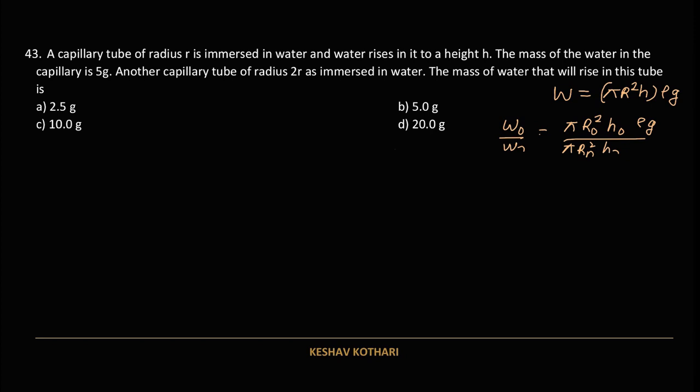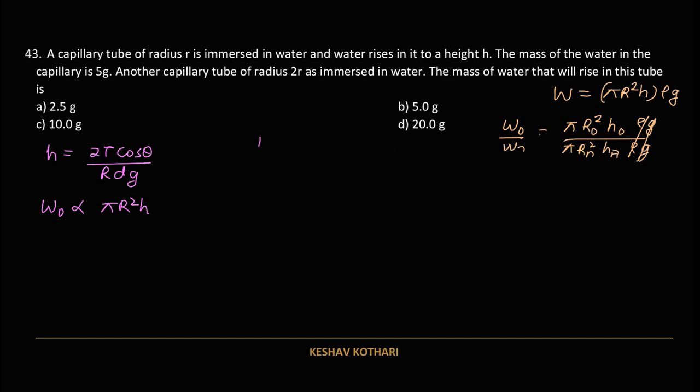The parameter rho g remains the same, so we are not comparing that here. The capillary height is equal to 2T cos theta upon r d g, and hence the original weight is proportional to pi r square h.